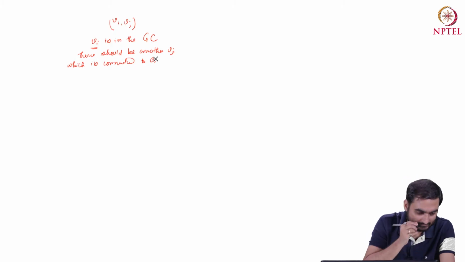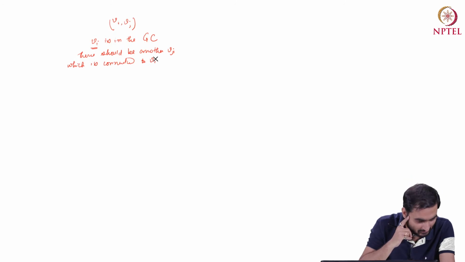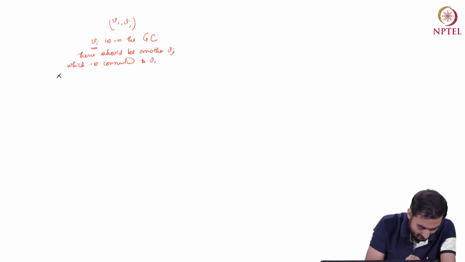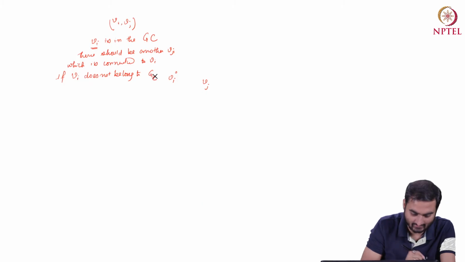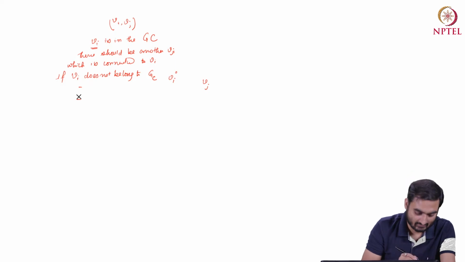Now let's think of a counter assumption. If Vi does not belong to the giant component GC, it can only happen due to two cases.